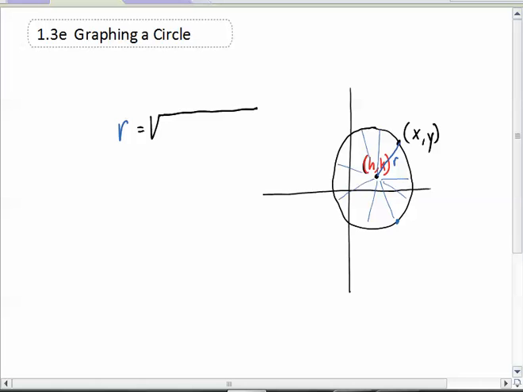We're going to go x minus h, right? I take the difference of the x coordinates and I square them, and I take the difference of the y coordinates and I square them.